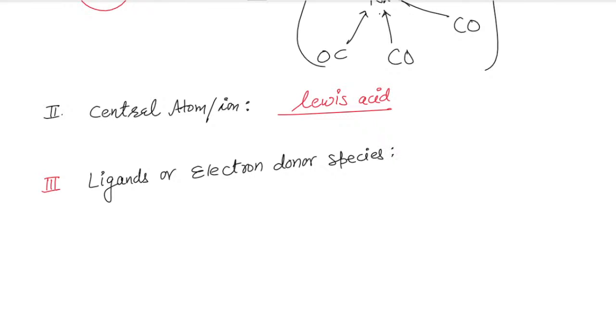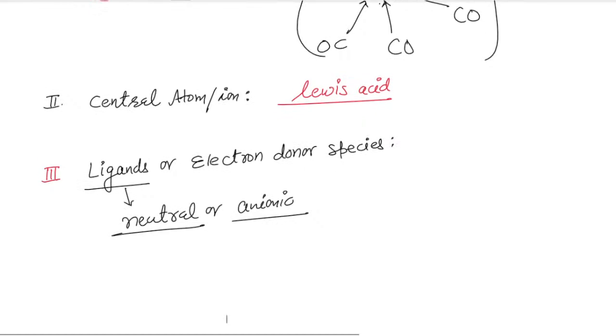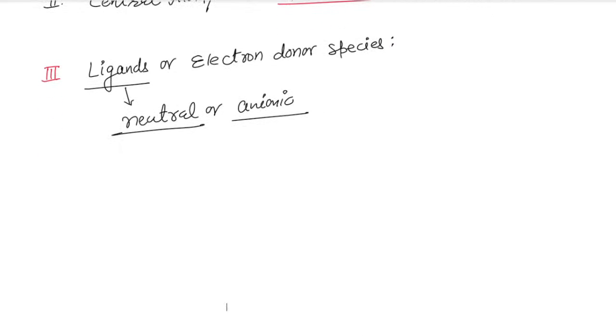So ligands are electron donor molecules or ions, which may be neutral or anionic, because if they are neutral they should have a lone pair, so that they are linked to the metal ion by coordinate bond.